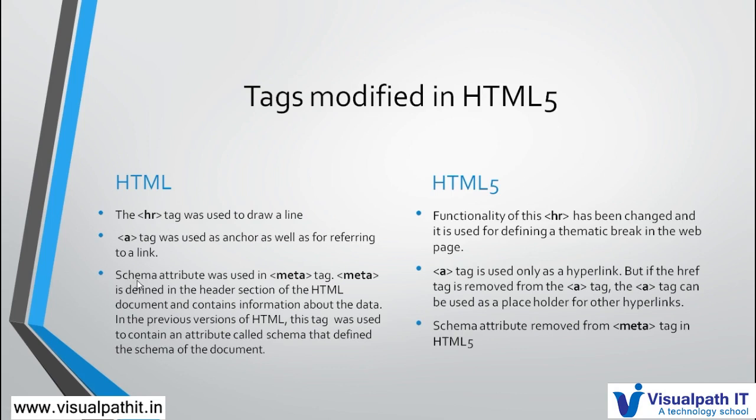In HTML4, the schema attribute was used in the meta tag. The meta tag is defined in the header section of the HTML document and contains information about the data. In the previous version of HTML, this tag contained an attribute called schema that defines the schema of the document, whereas in HTML5 the schema attribute is removed from the meta tag. So we have learned about tags removed and tags modified in HTML5.